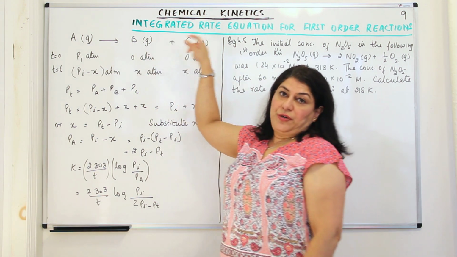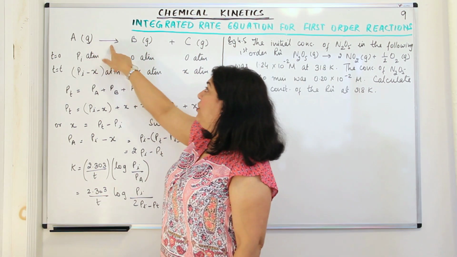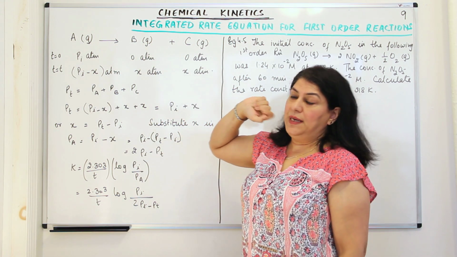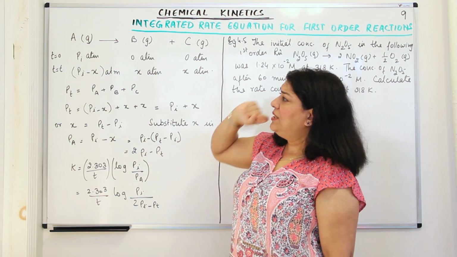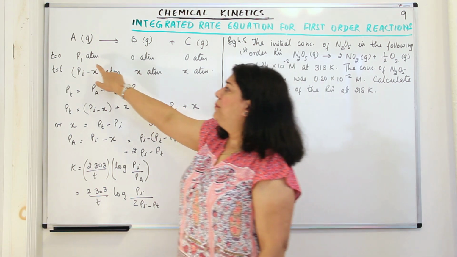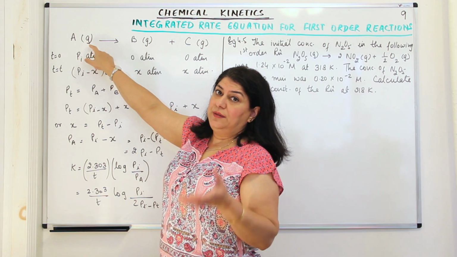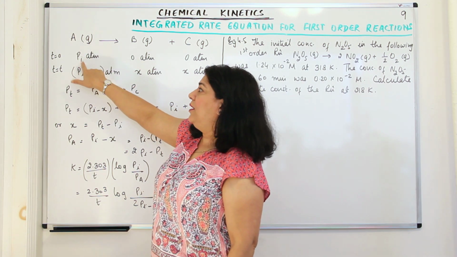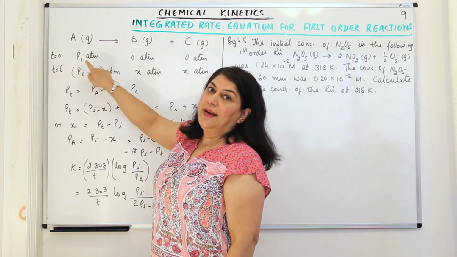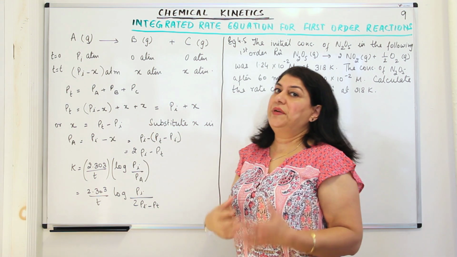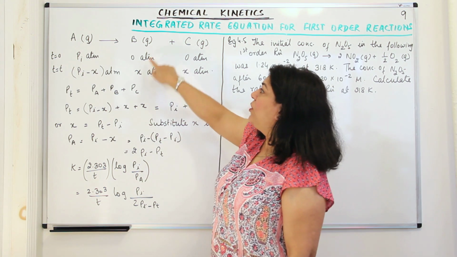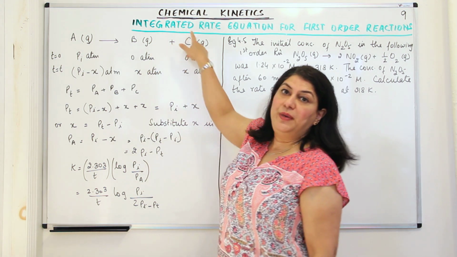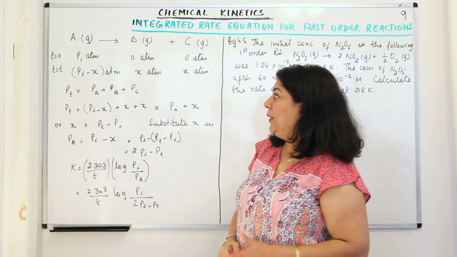Now this is a first order reaction where you have A giving you B and C. The products are B and C. At time T is equal to 0, the pressure of the reactant is Pi, that is initial pressure, Pi atmosphere. And initially the reaction has not started, therefore the partial pressures of B and C products are 0.